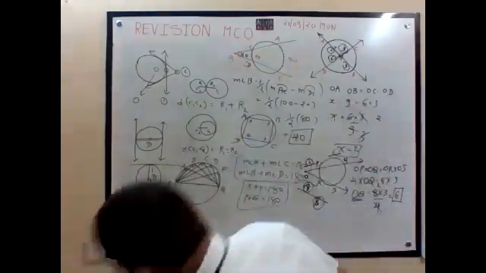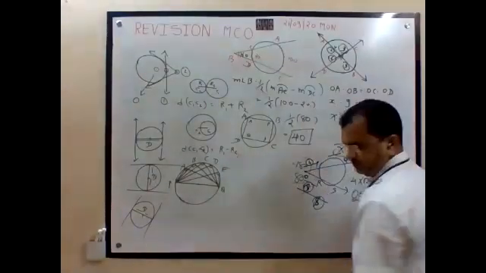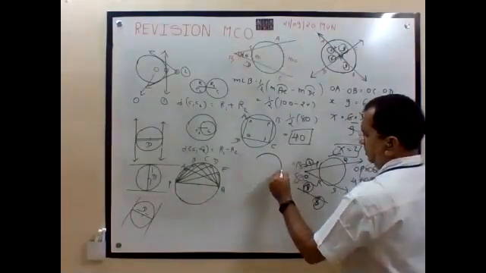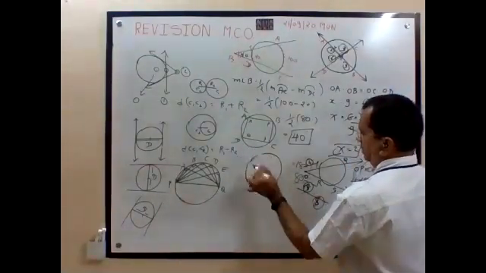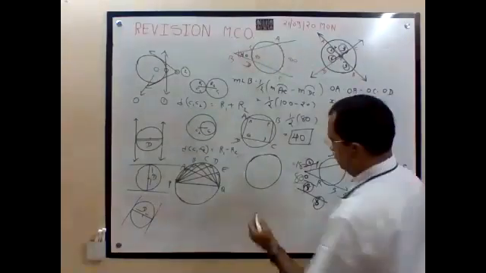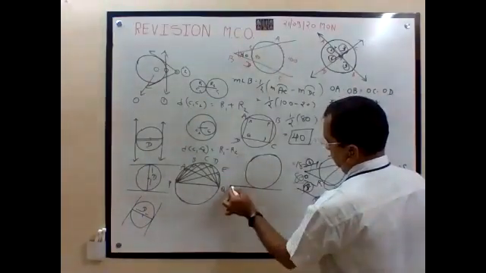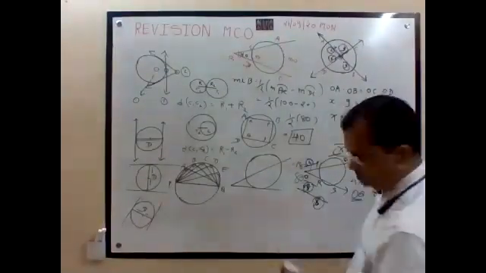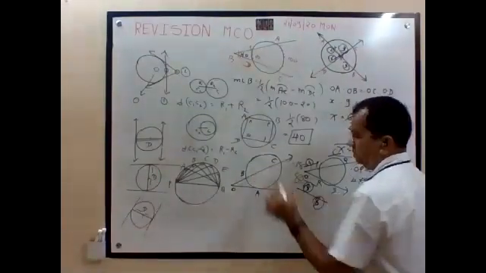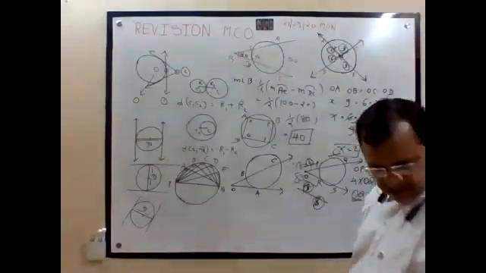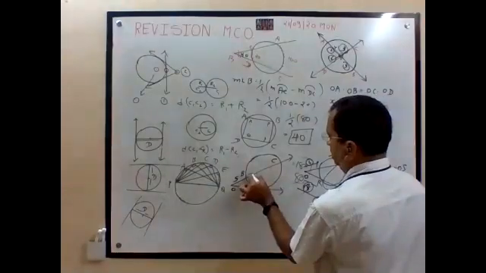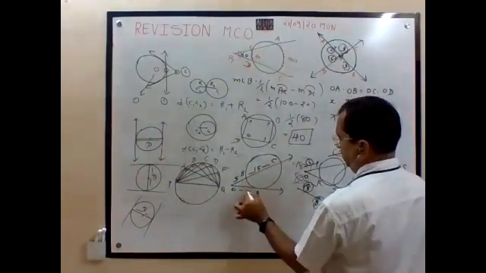Now one very important diagram. When there is one tangent and one secant. OB is equal to 5. BC is equal to 15. Find this.